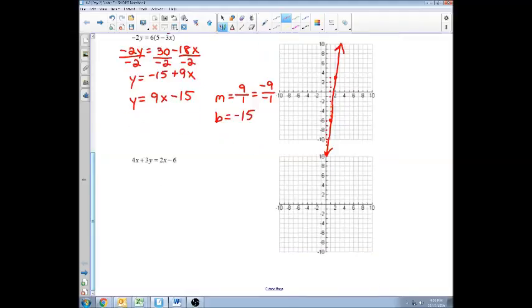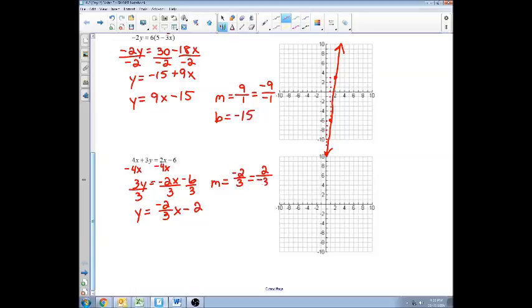On to the final one on the front page. Subtract 4x. 3y is going to be equal to -2x minus 6. Divide everything by 3. So y equals -2 over 3x minus 2, because 6 divided by 3 is 2. My slope is going to be -2 over 3 and 2 over -3.